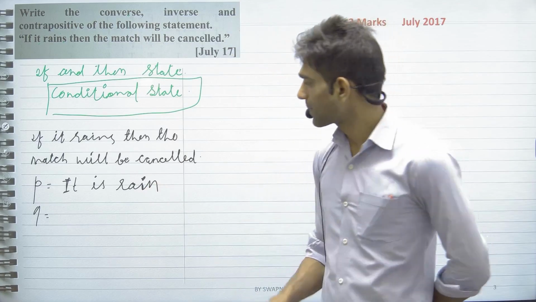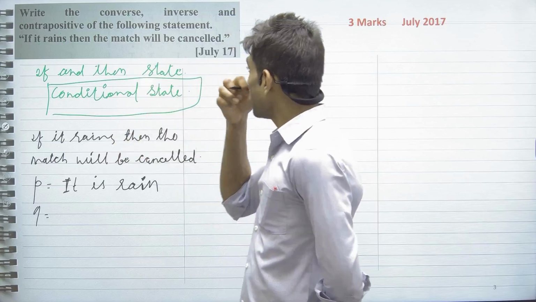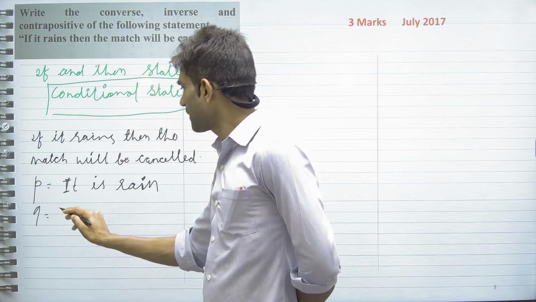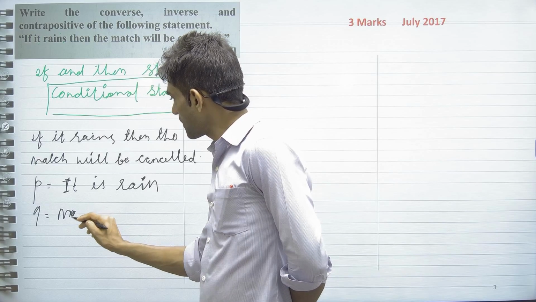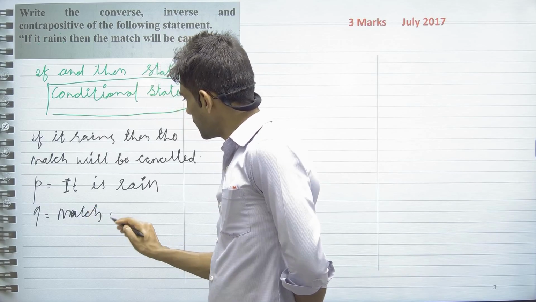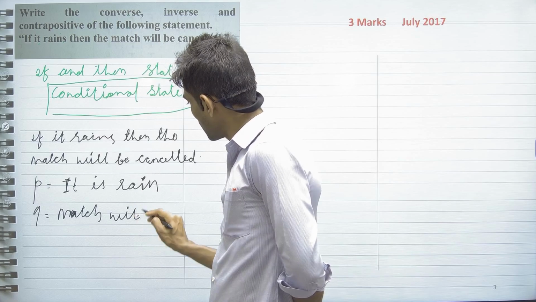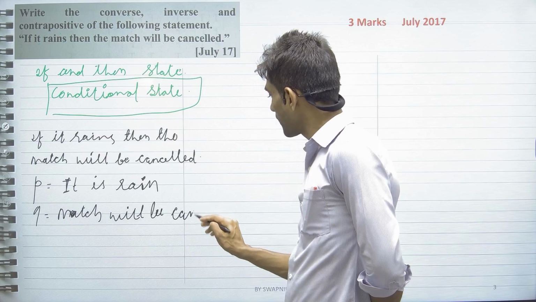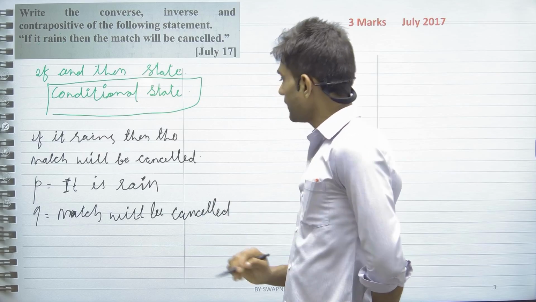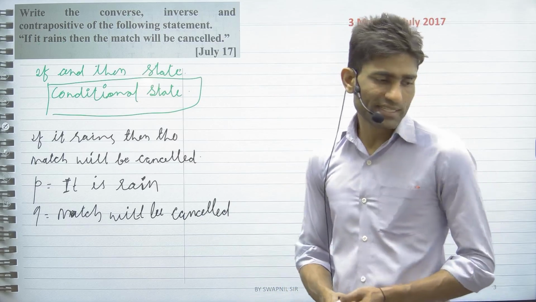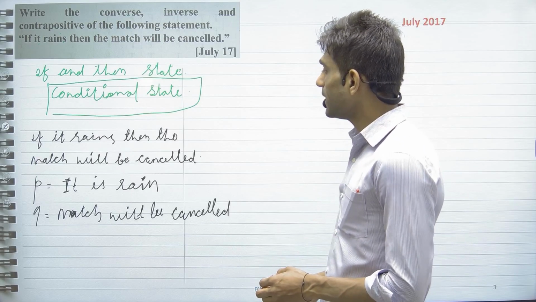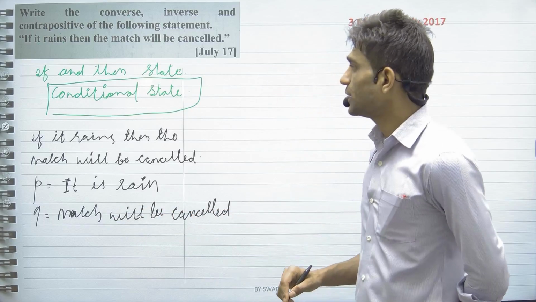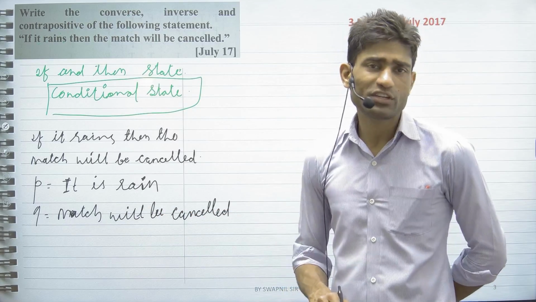Then the second part of our statement, Q, is: the match will be cancelled. So we have two different statements. The first says it is raining, then the match will be cancelled. Statement P and statement Q are two different statements.